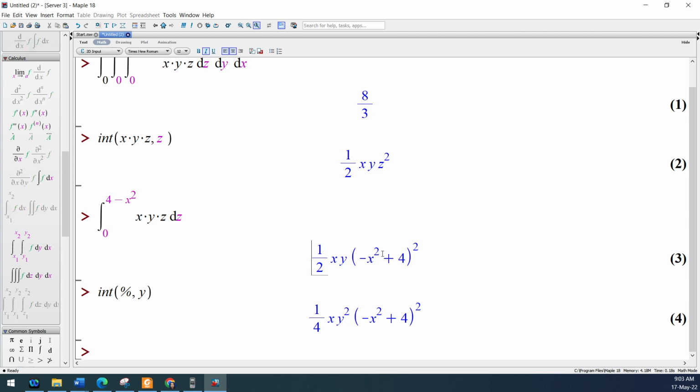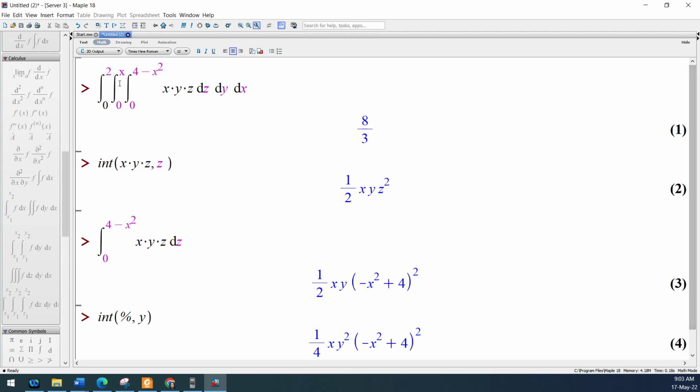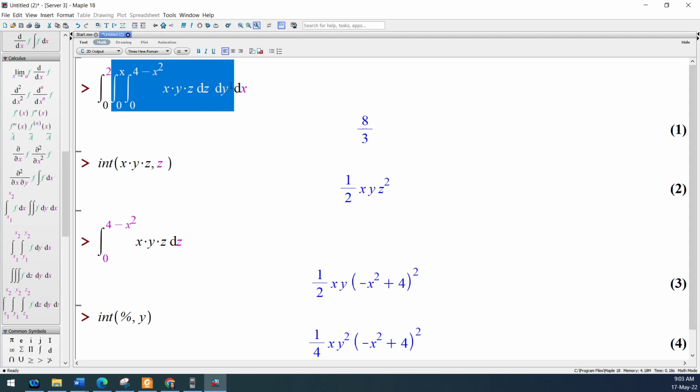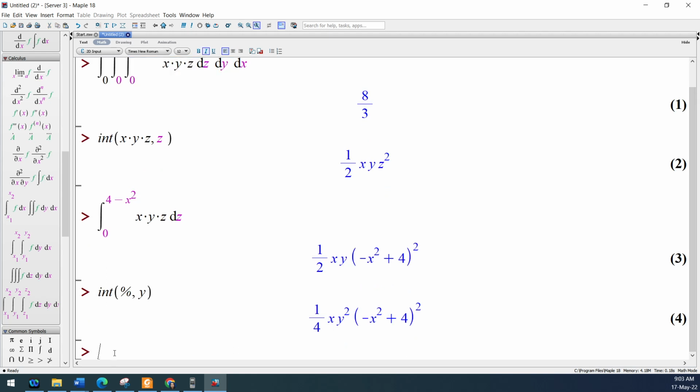Here, this result integrate with respect to y. So you have y squared over 2. So total is 1/4 xy squared, 4 minus x squared over 2. And then after that, you show this step. After putting in the limit, what is the result here?